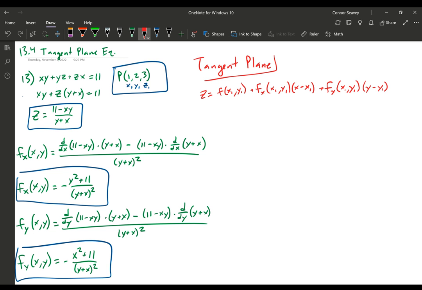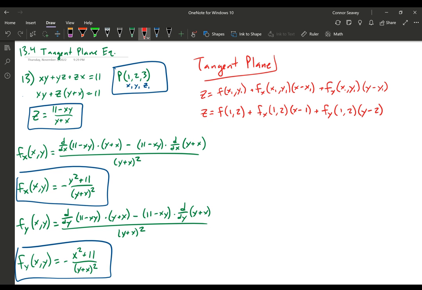So there's our formula, and we're just going to rewrite this for our values, plugging in our point (1, 2, 3). So this is going to look like f of (1, 2) plus f sub x of (1, 2) times (x minus 1) plus f sub y of (1, 2) times (y minus 2).